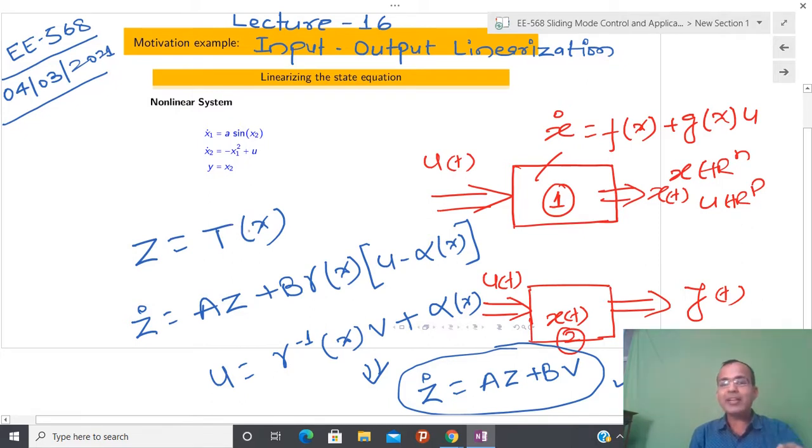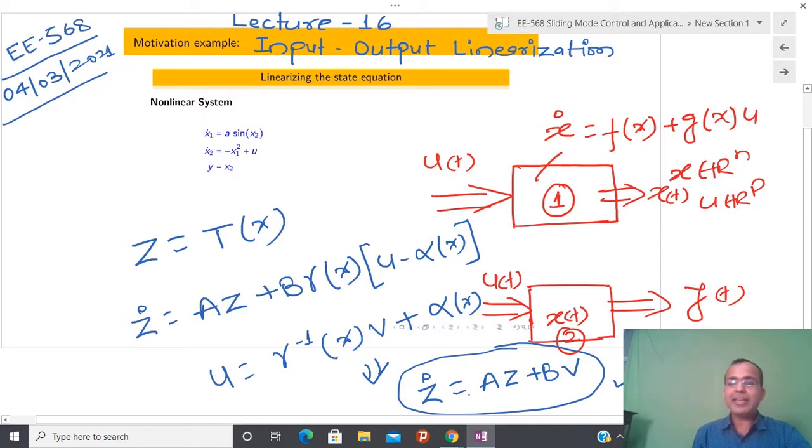Another point is that it should satisfy the property of a diffeomorphism, so that is another difficulty. And after that, all parameters are assumed available, which is another very strange assumption. We are also saying that A and B are controllable.